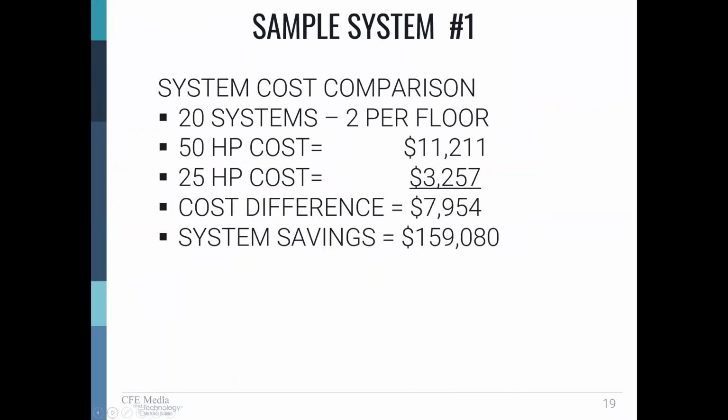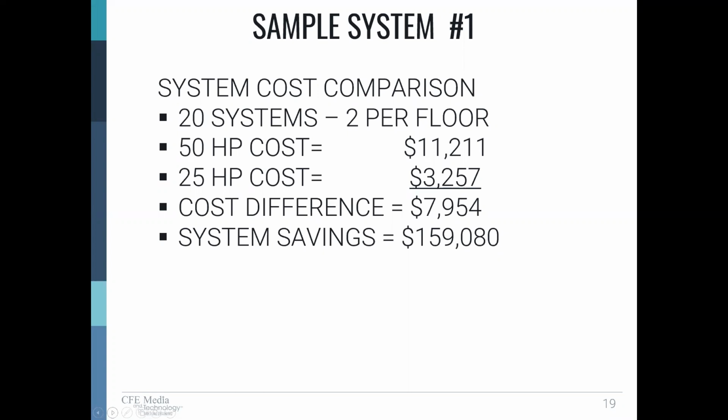Now, to compare this as a real system rather than an individual fan, we're going to assume that we have a 10-story building with 2 systems per floor, so 60,000 CFM per floor. So that will take 20 air handling systems. If you have $11,211 for the installation cost for the 50 horsepower system and the 25 horsepower system cost would be $3,257.